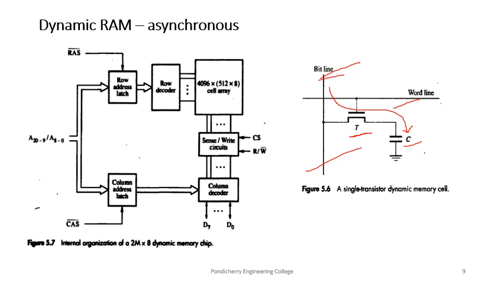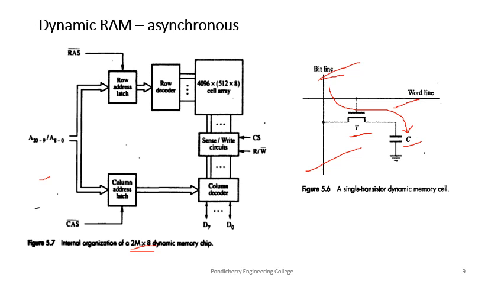And this diagram shows the organization of an example DRAM chip. The size is actually 16 megabit, arranged in this fashion of 2M into 8. The cells are organized in the form of a 4K cross 4K array.